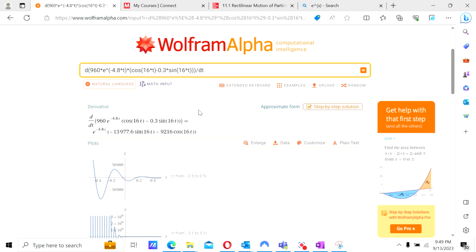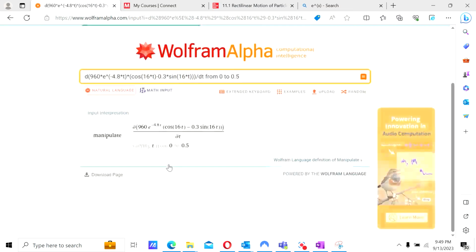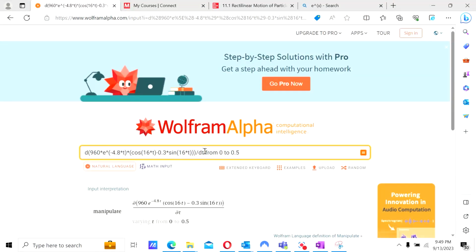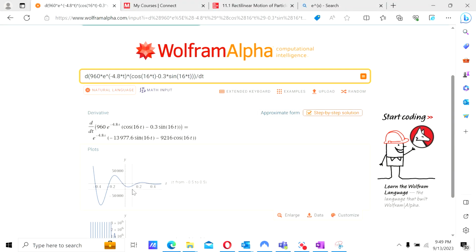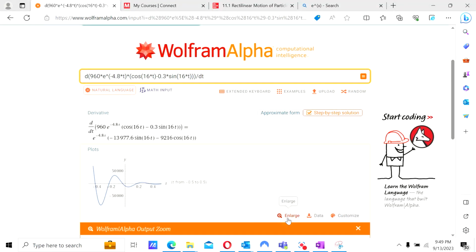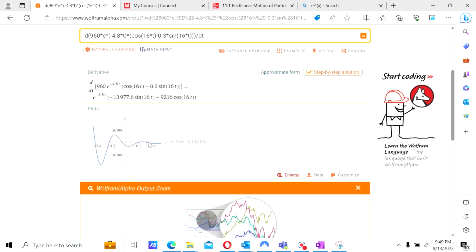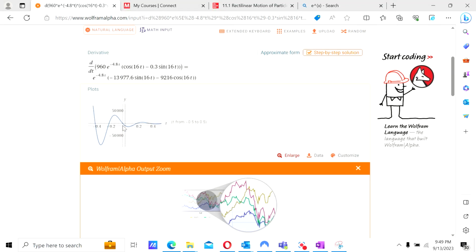So if you notice, from 0 to 0.5. Nope, that's not how you asked to plot it. I'm not quite sure if it's going to let me enlarge, but what I'm getting at is that at 0 you have an initial acceleration.